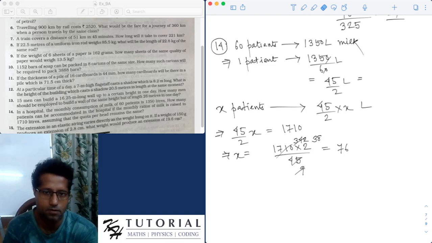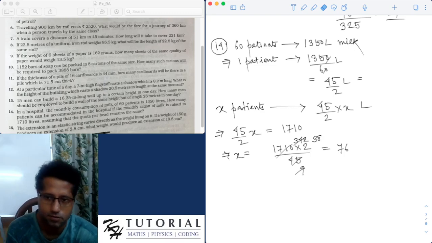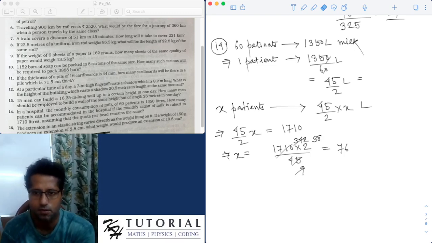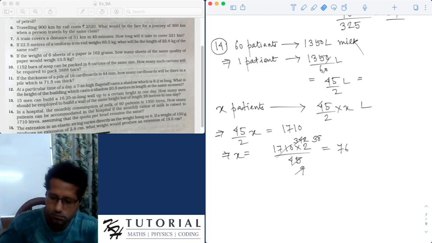From there we have found that one patient consumes 45 by 2 liters of milk. This consumption per patient will remain constant. So using this fact, we have found how many patients can be accommodated if the total consumption given is 1710 liters.